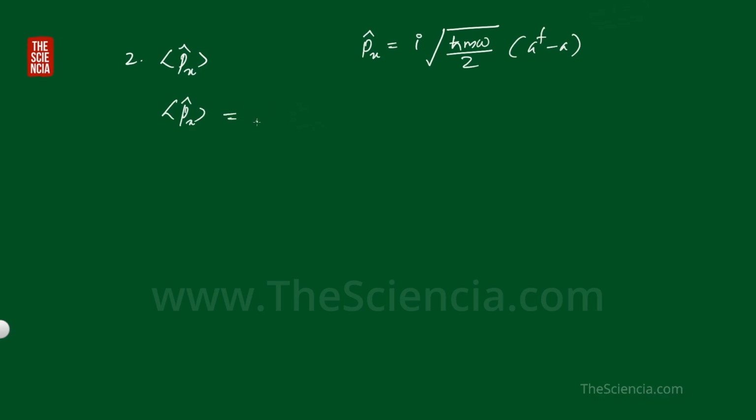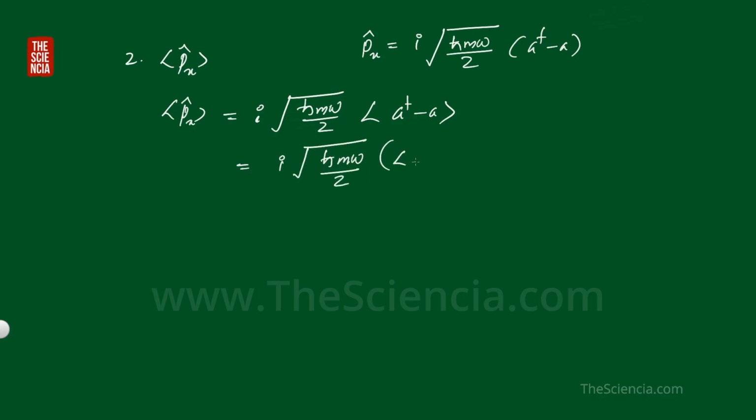That will be equal to I into root h cross m omega by 2 expectation value of a dagger minus a. That is I into root h cross m omega by 2 expectation value of a dagger minus expectation value of a. Again, these values are equal to 0. So the expectation value of momentum is also equal to 0.